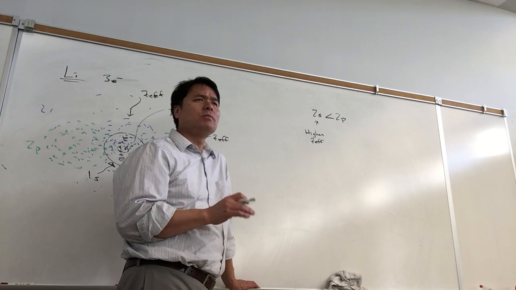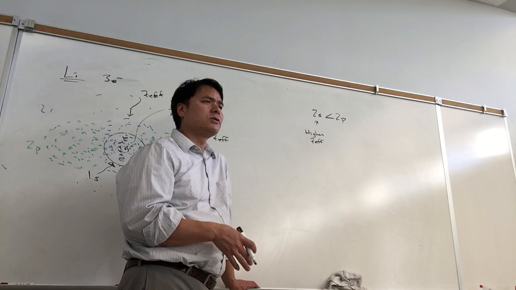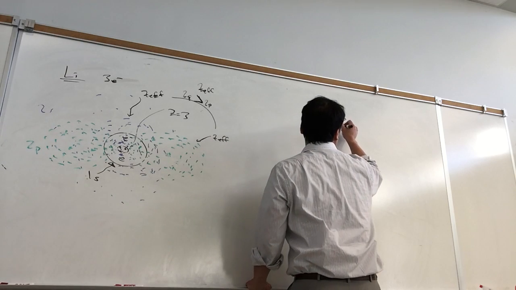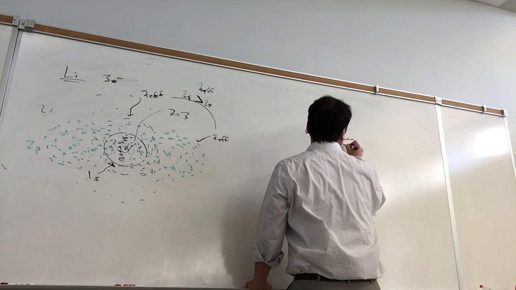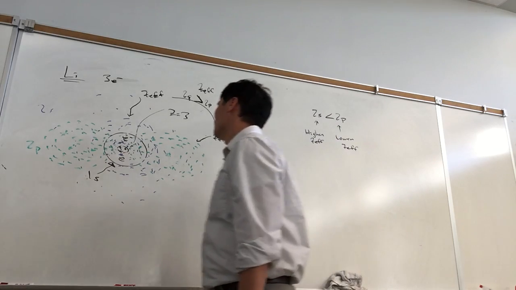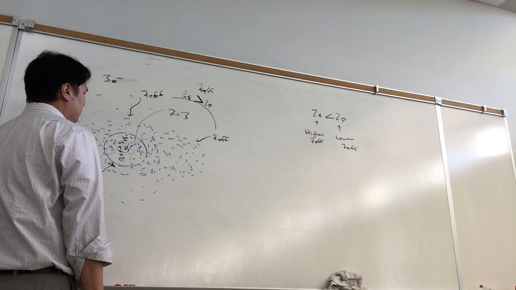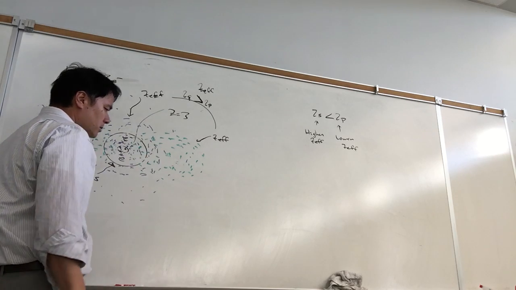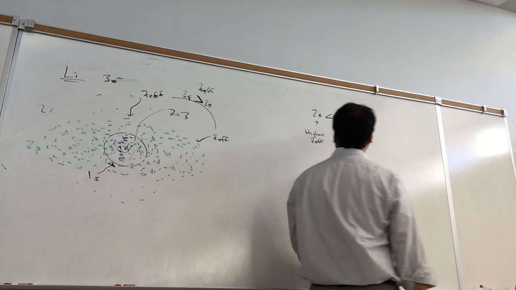The 2p aren't going to see the full +3 because some of the +3 charge will be blocked. This is going to have a lower Z effective. Z effective is the actual charge at C. The 1s electrons will see a Z effective very close to 3.